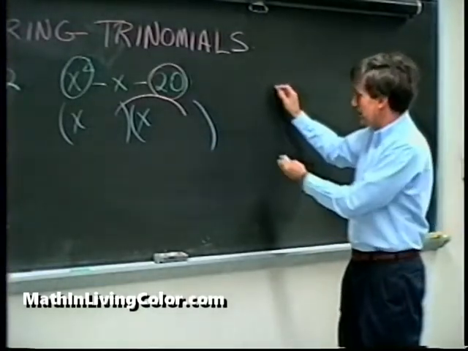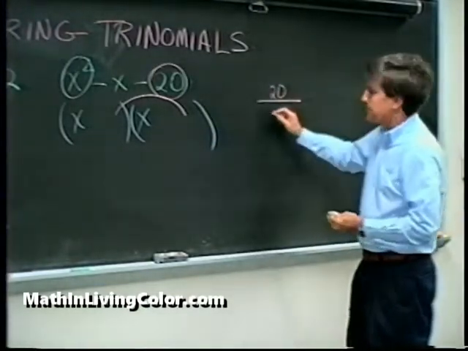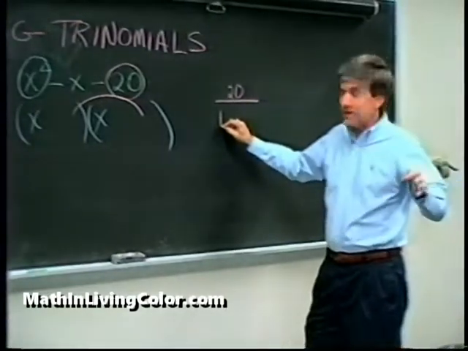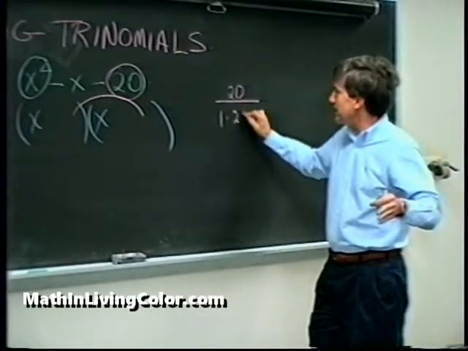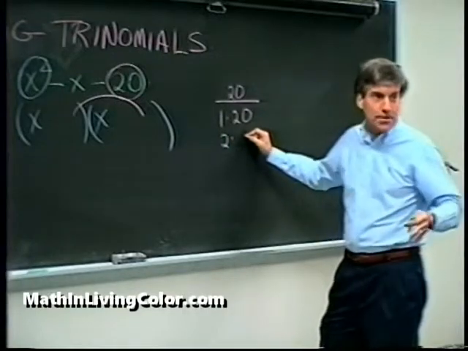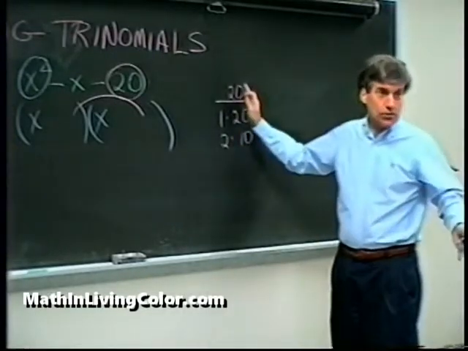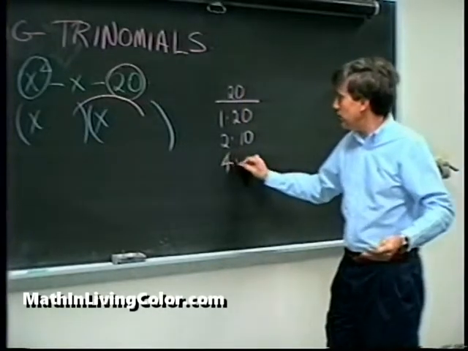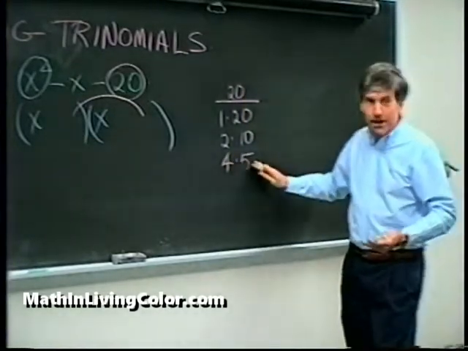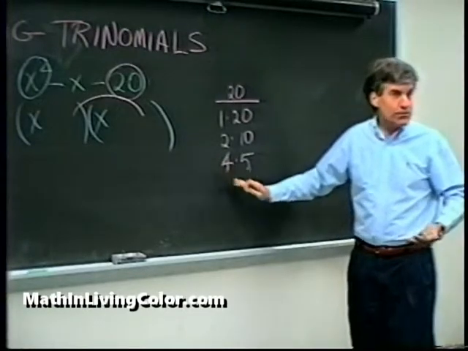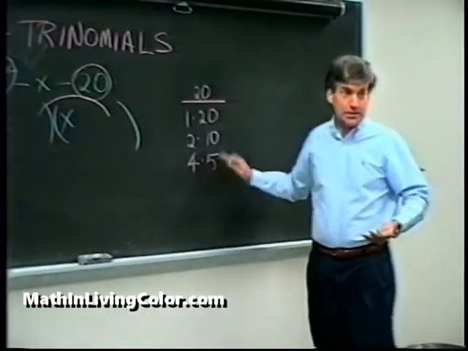Start with 1. 1 times what? 20. 2 times 10. 3 doesn't go. 4 times 5. And then 5 times 4. And that means you've got all the possibilities for 20.